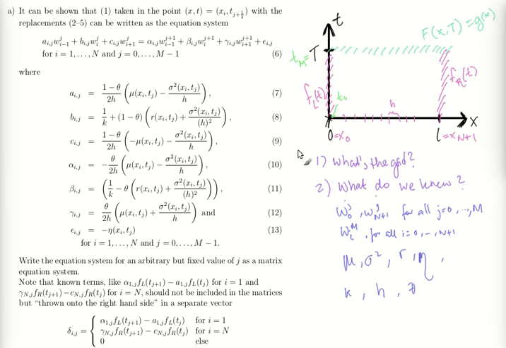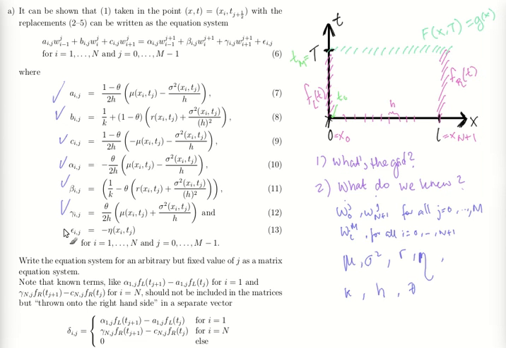So, first of all, let's think about whether it's important that you think a lot about these coefficients. And the answer to that is no. You don't have to care about these coefficients at all, because the important thing to remember is just that you know the value of these coefficients for all i and all j, simply because mu, sigma square, r, eta, and theta are known. So we can just check these off over here.